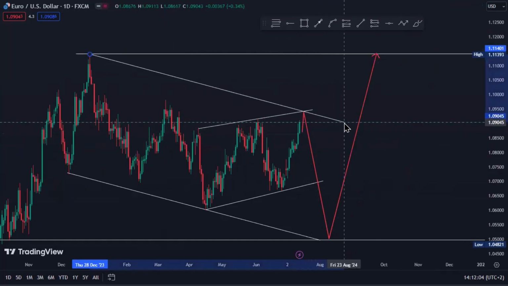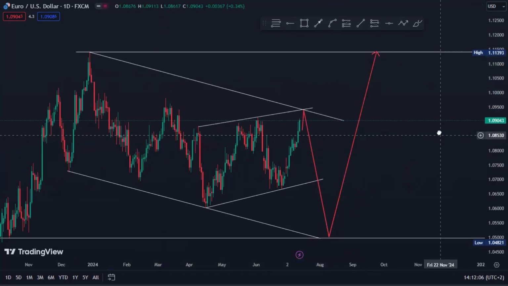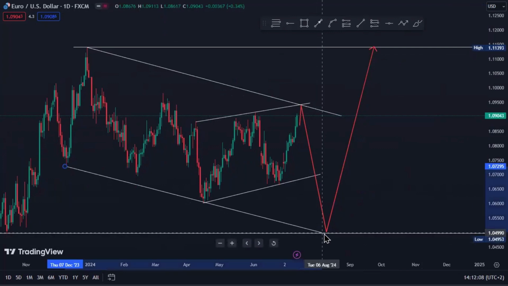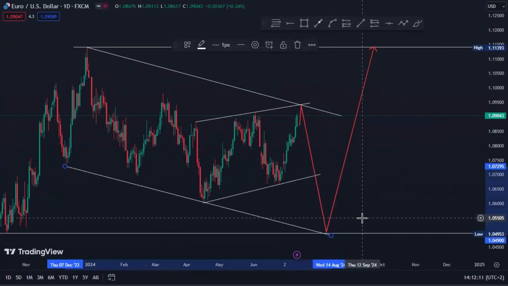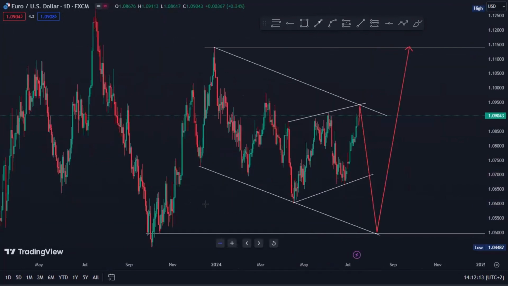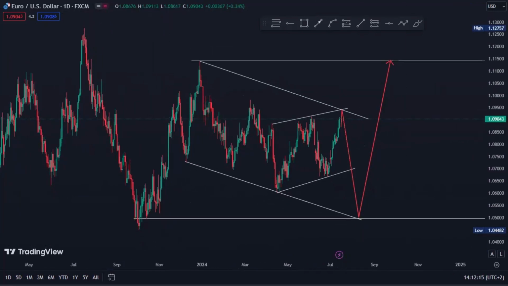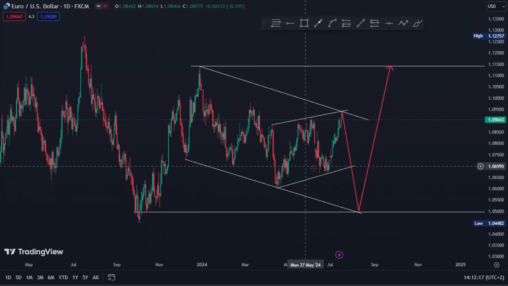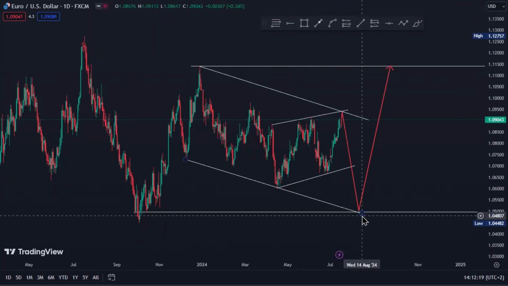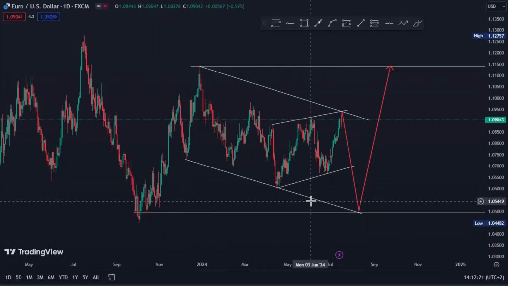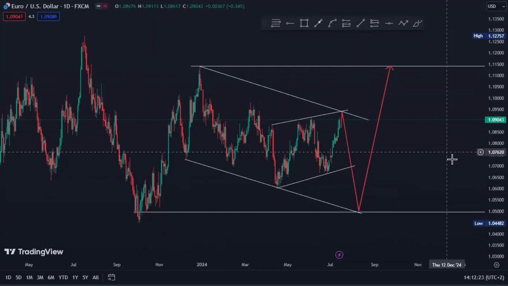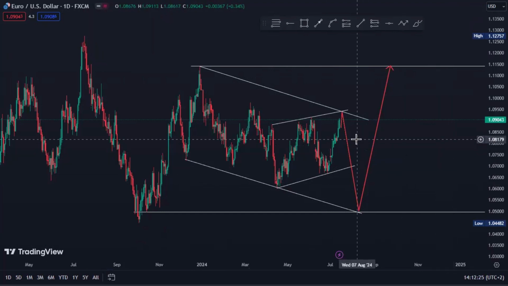Actually expanding the structure, expecting something like this. So expecting this correction to continue until the market arrives there and gives us a third touch, then we go up. You understand, guys?